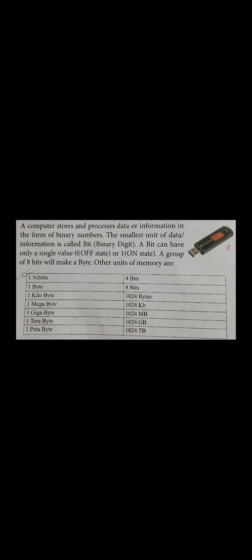You can hear that suppose we have a 1 TB hard disk, that means the capacity of our hard disk is 1 terabyte, which is 1024 GB.